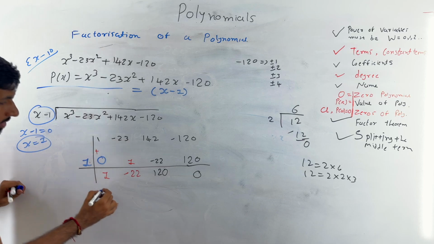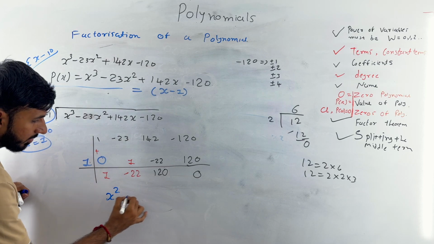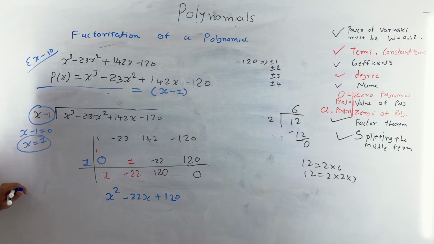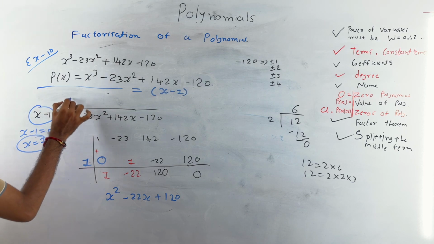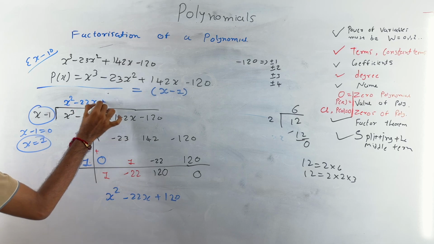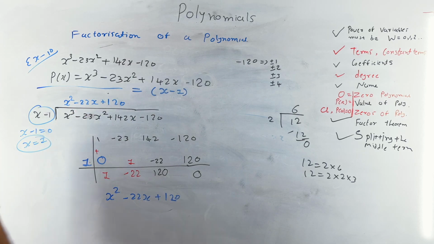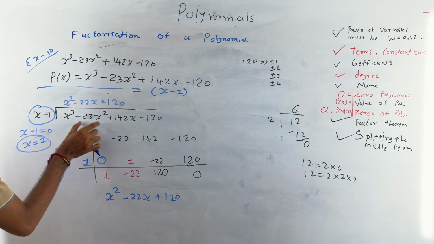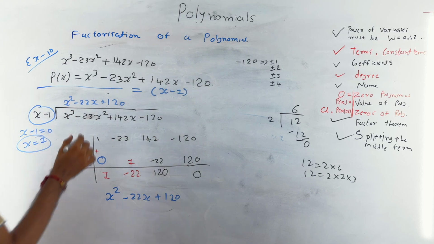So I got the quadratic polynomial as x square minus 22x plus 120. I got the answer in just three terms, right? So my quotient will be x square minus 22x plus 120, and the remainder will be 0. So what I am saying is I can write x minus 1 multiplied by this is equal to this, right?